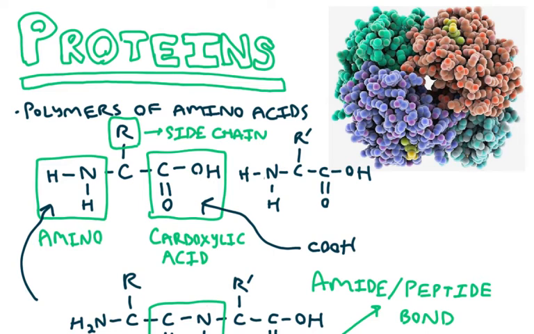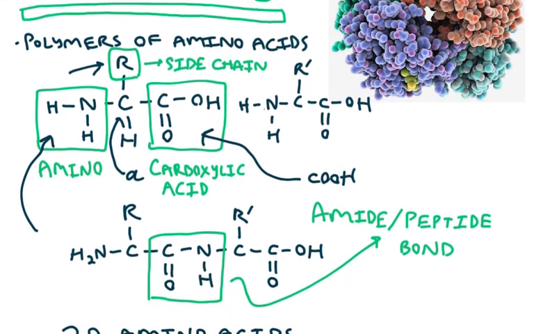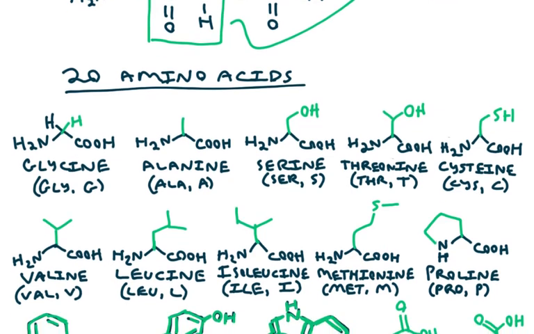Then there will be a hydrogen attached, and this carbon in here we call the alpha carbon. And last but not least, there is an R group or side chain. Either name works. Sometimes they're also called residues, but every R group is going to be different. There are 20 different options for what they can be.